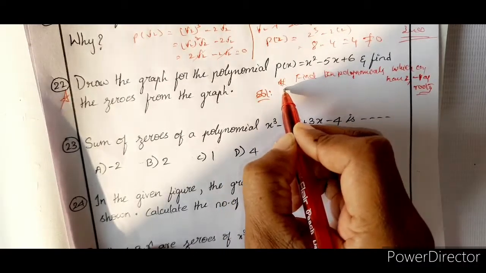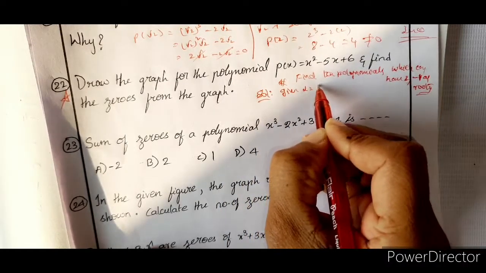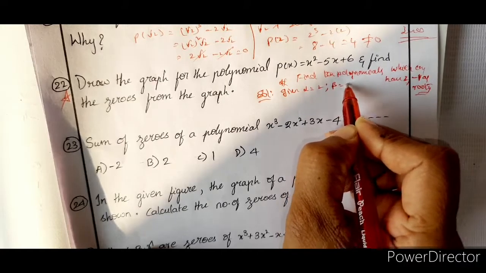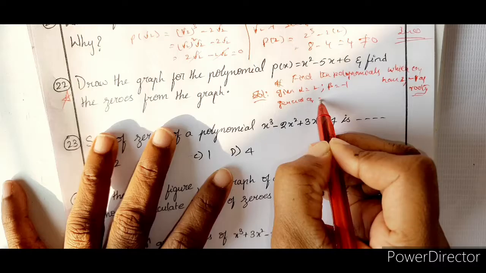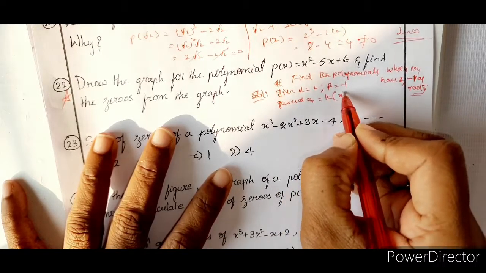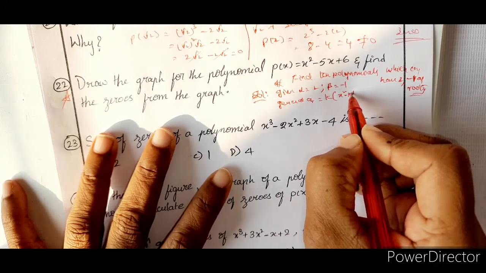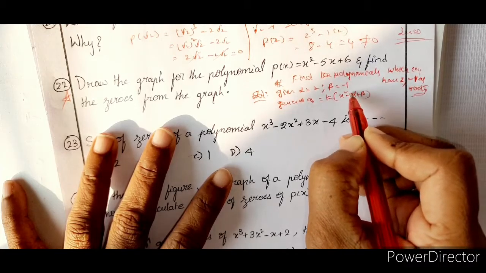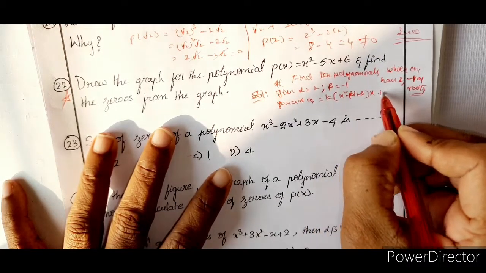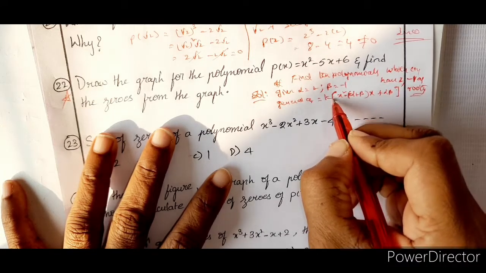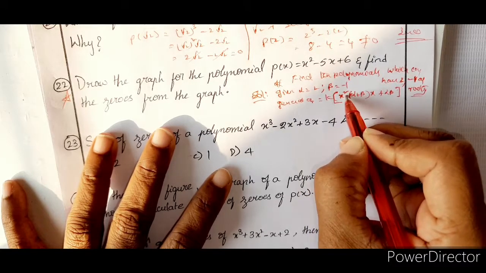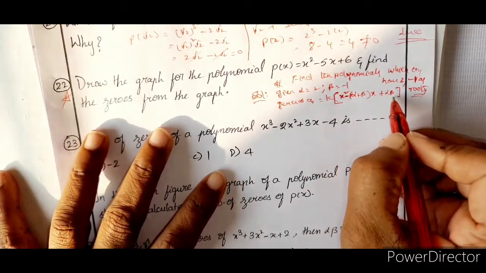So solution, given alpha is equal to 2, beta is equal to minus 1. The general equation is k times of x square minus of alpha plus beta into x plus alpha beta, which is the general form of the polynomial.